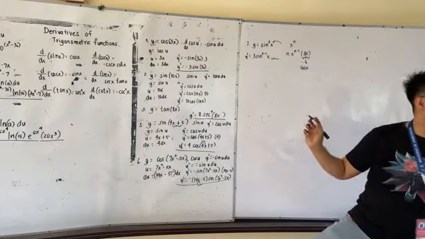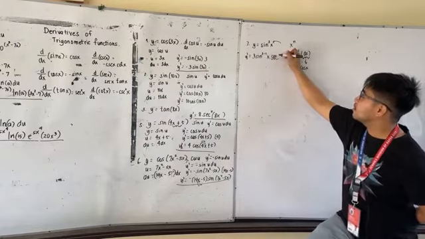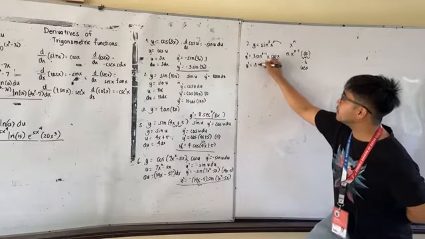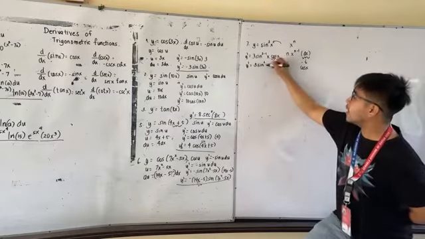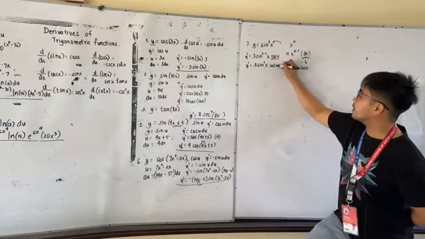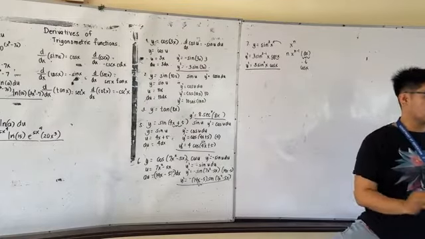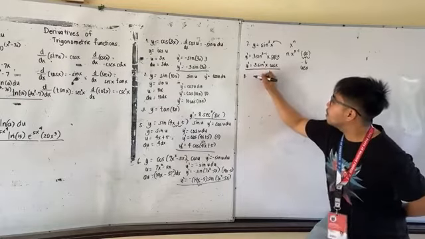At ano yung derivative ni sine? Cosine of x. Simplifying, therefore, our y prime now is 3 times sine squared of x, cosine of x. And this is the derivative. Okay. Is this clear?